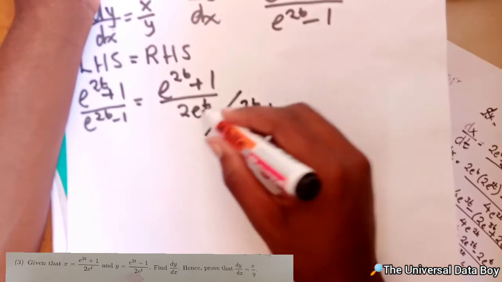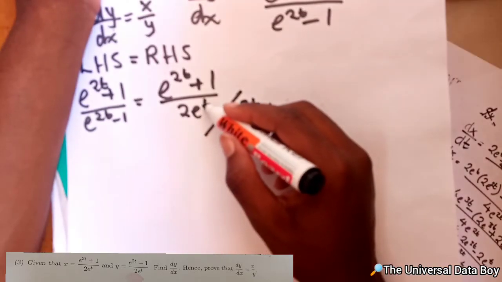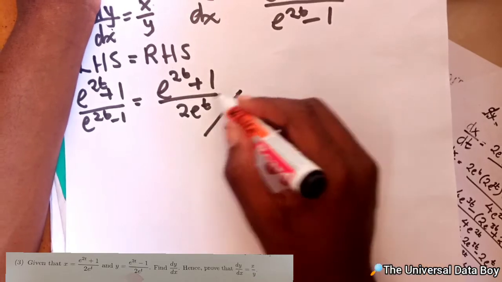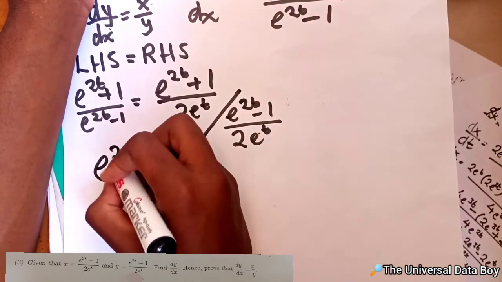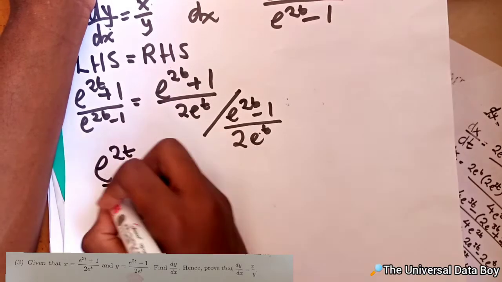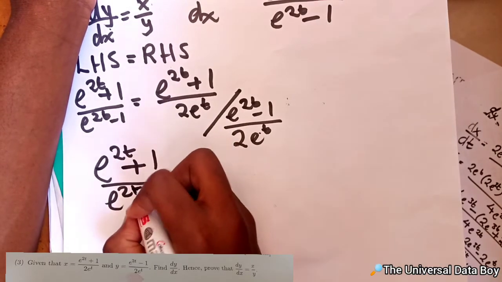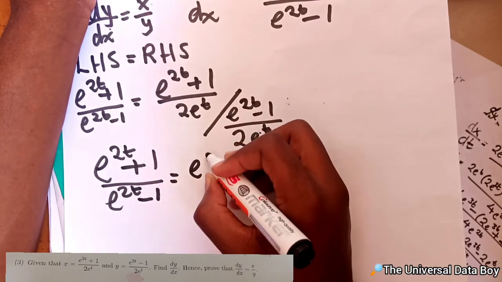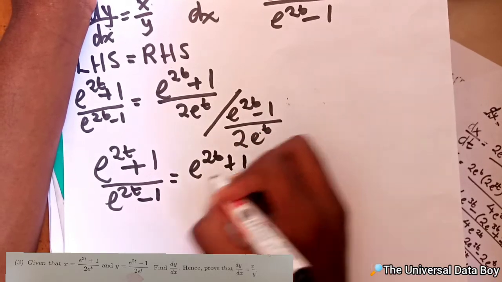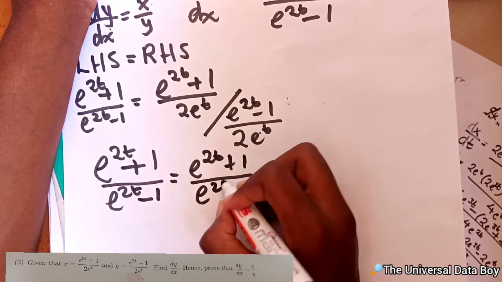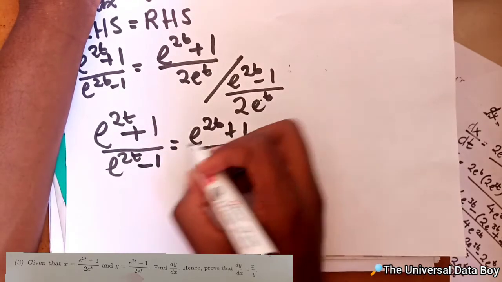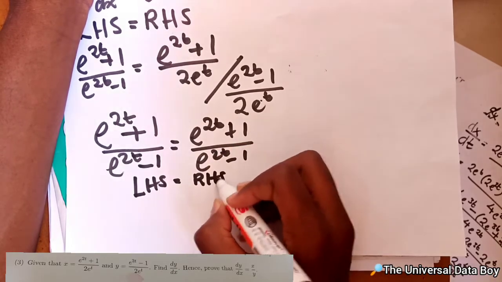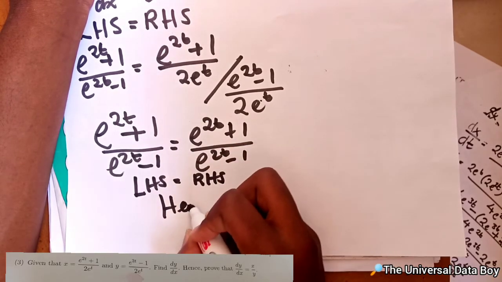So now since this is the denominator of the numerator and this is the denominator of the denominator, they can actually cancel out. Then we're going to remain with e to the power 2t plus 1 over e to the power 2t minus 1 being equal to e to the power 2t plus 1 over e to the power 2t minus 1. So now you can say left hand side is equal to the right hand side, hence shown.